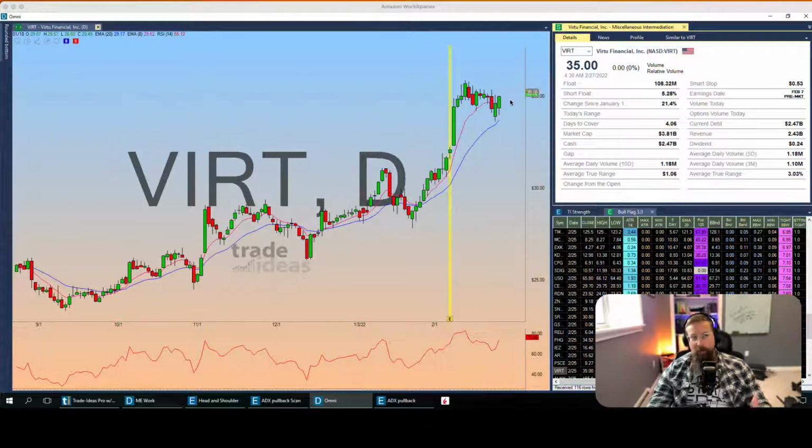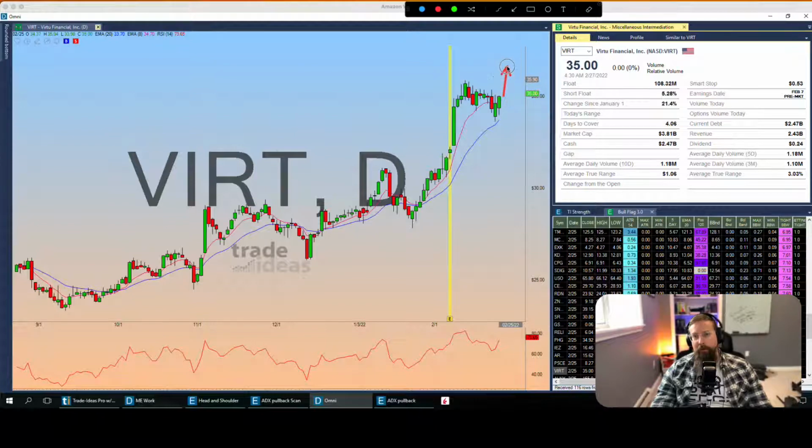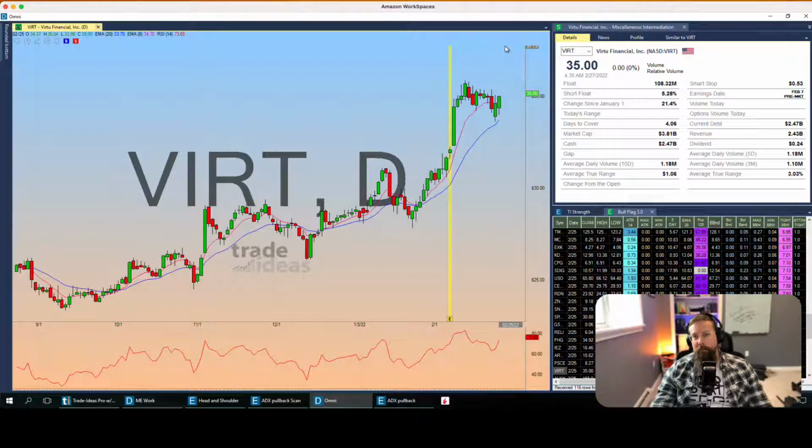So then again, in what I'm doing in my head, this is what I just try to keep going to: so 35 entry-ish, 33.50 stop loss-ish. So I'm risking $1.50. So then is there a chance that I think this could get to 38, which is $3?